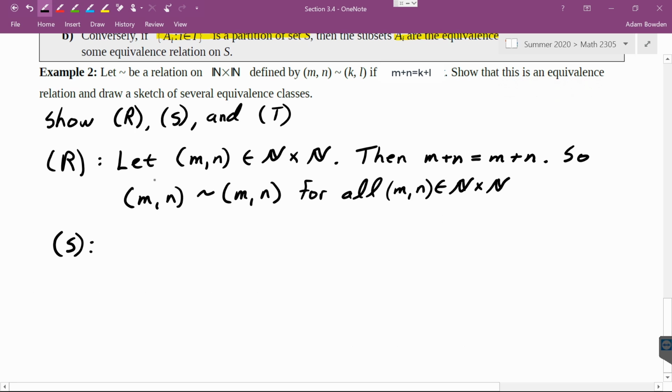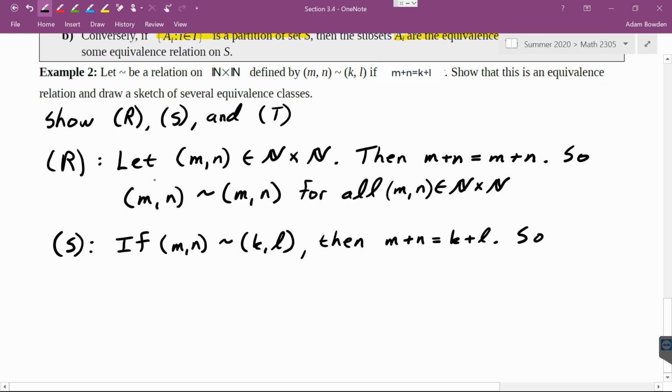What about symmetric? Well, if we have m, comma n related to k, comma l, then by our definition of the relation, that says that m plus n is equal to k plus l. So we can easily reverse this around since it's just a regular equals.